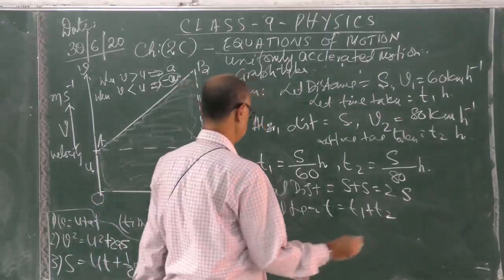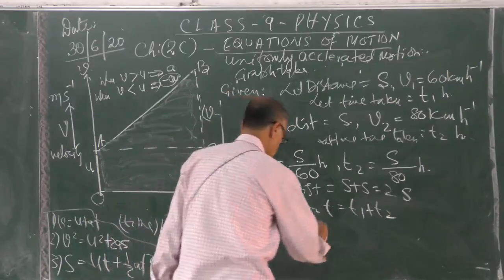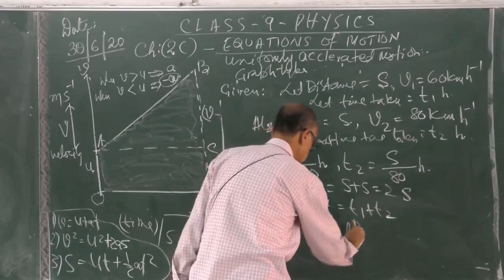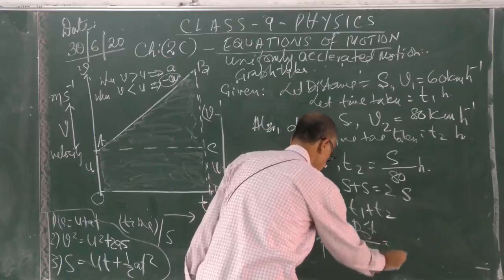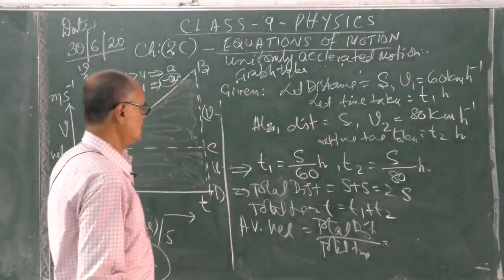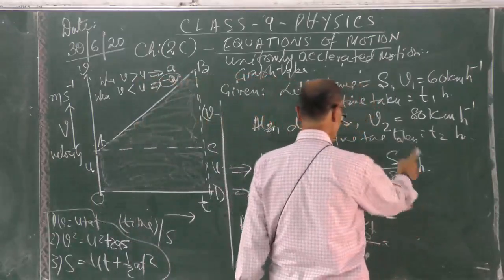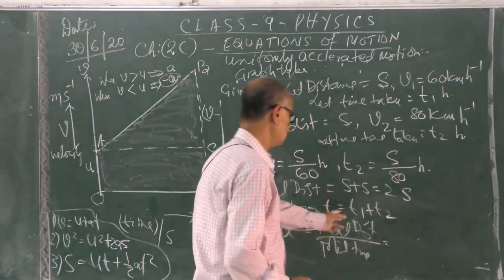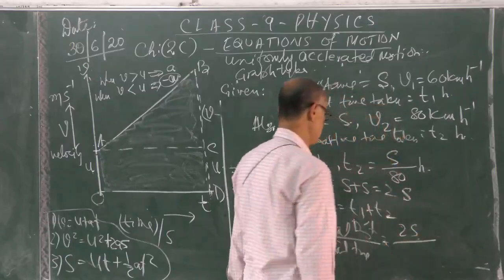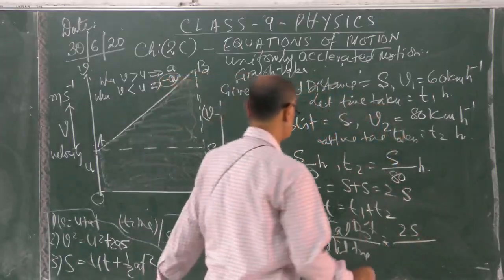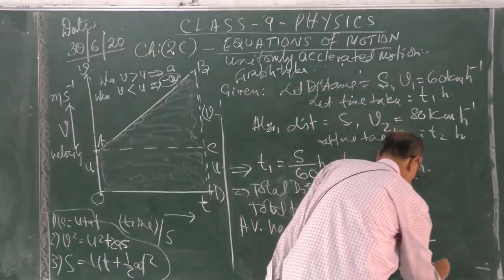So what will it be? The average speed will be total distance divided by total time. Total distance will be twice s, divided by the total time taken, which is s by 60 plus s by 80.